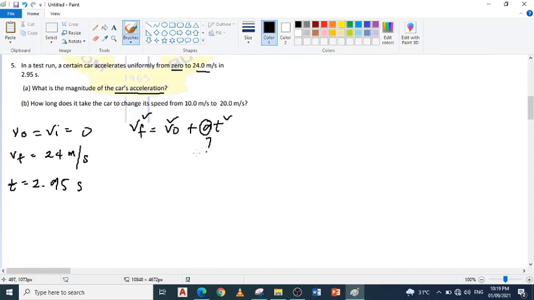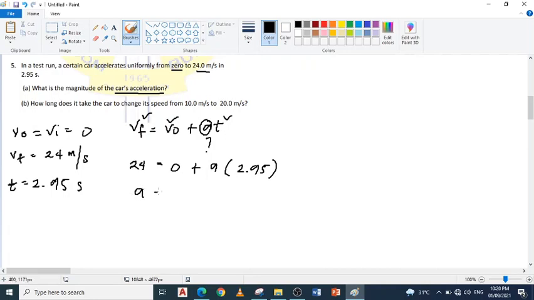So Vf is 24 meters per second equals Vo is 0 plus a, the acceleration, which is the unknown, times the time, 2.95 seconds.